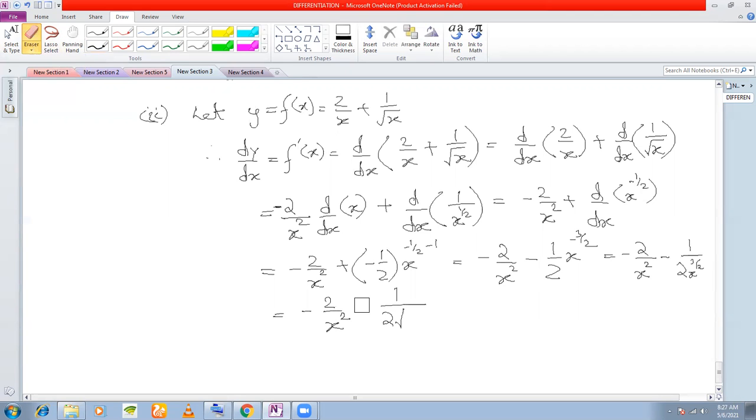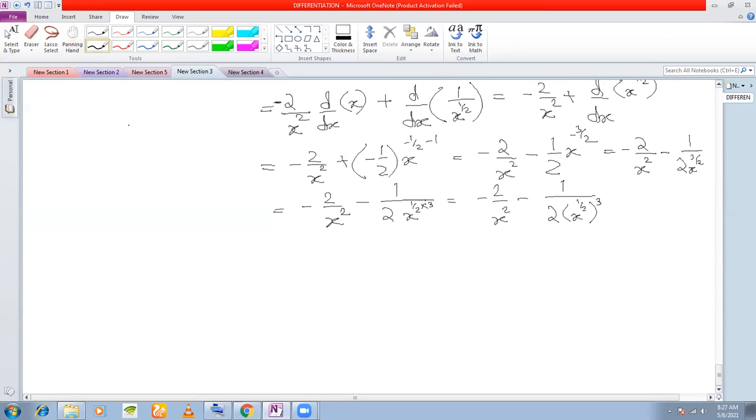From your laws of indices, if you remember, back in class 9, x to the power of 3 by 2 can be written as x to the power of half into 3, which gives minus 2 by x squared minus 1 by twice x to the power of half whole cube, which can now be written as minus 2 by x squared minus 1 by twice root x whole cube, because x to the power of half is root x.